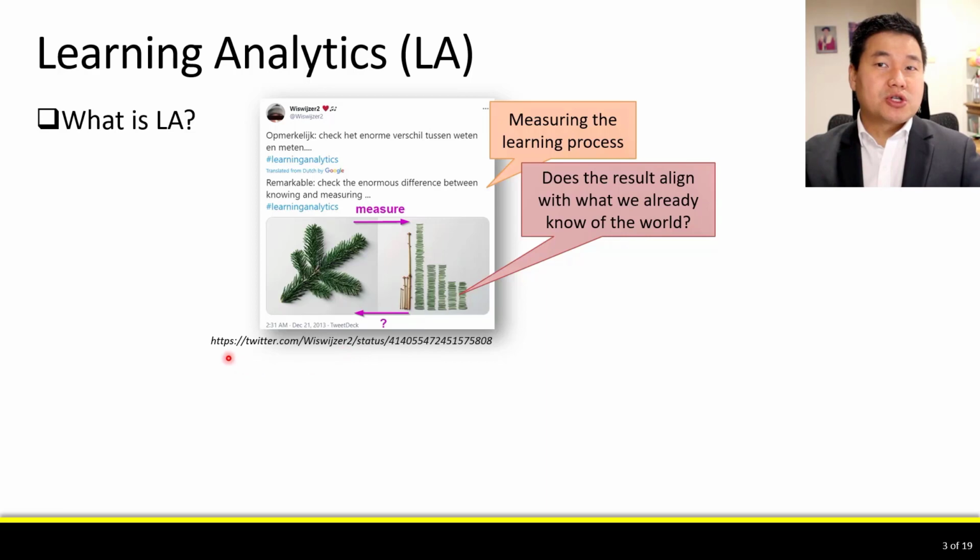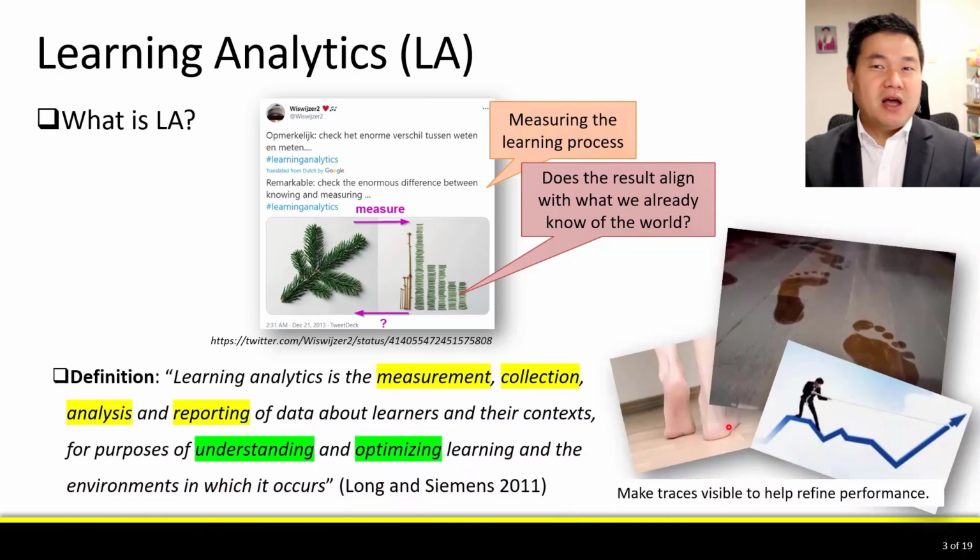The other direction is also important. Does the result align with what we already know of the world? Meaning that as LA practitioners, we need to be able to validate and relate our model to reality. Here we have the formal definition of learning analytics, but I would like to offer you another way to think of it. Imagine that you are walking on a hard, clean surface. You are not leaving any traces behind.